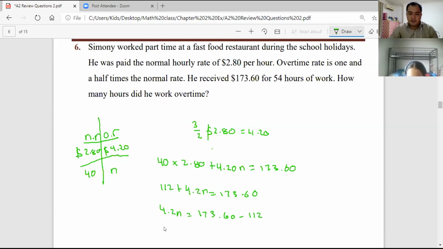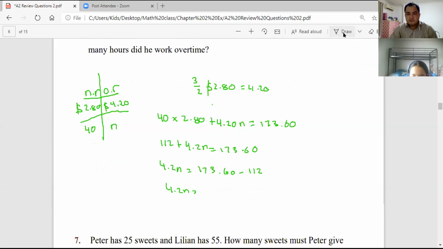For this kind of calculation, you can use a calculator. So how do we get n? We should divide both sides by 4.2, that equals 61.6 over 4.2.